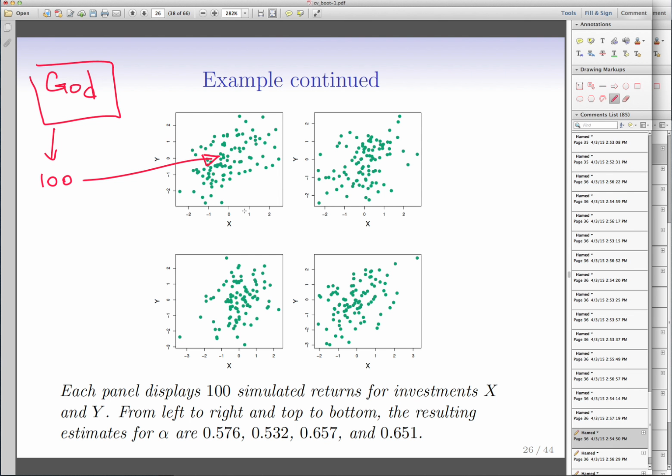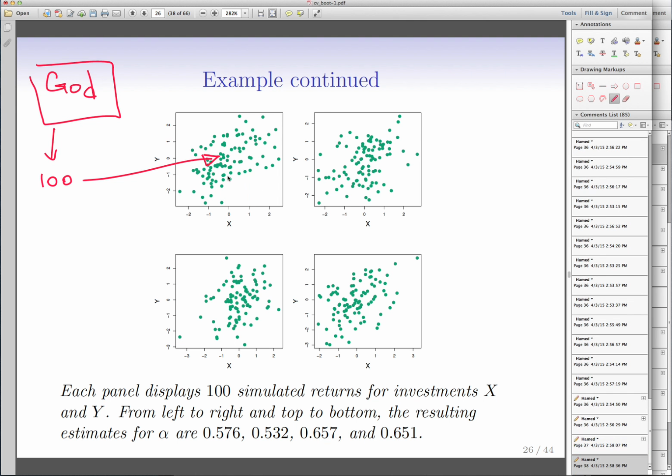Let's say these are the percentage returns, and for example here corresponds to an observation where x improved 0.75% and y got negative 1% return. As you can see, there is some positive correlation between x and y.